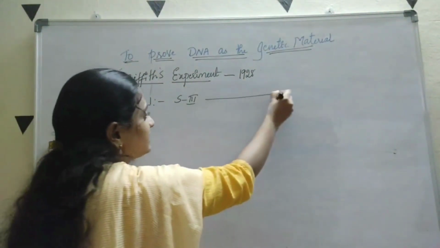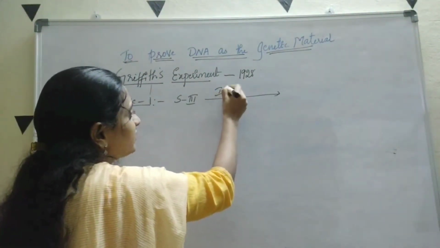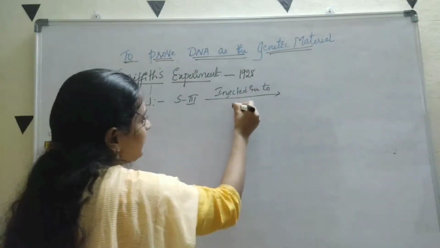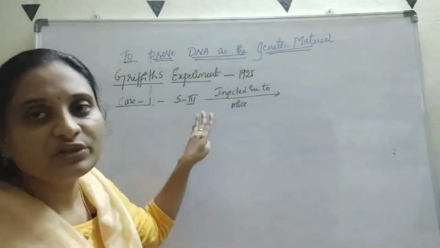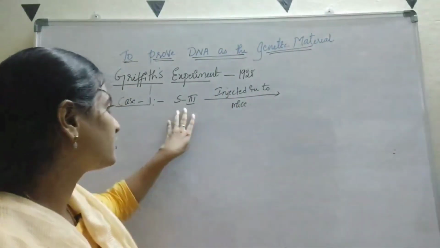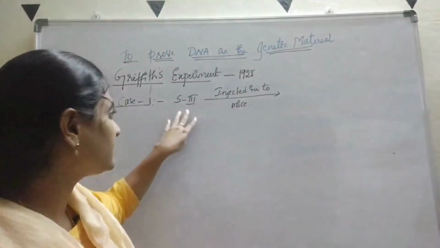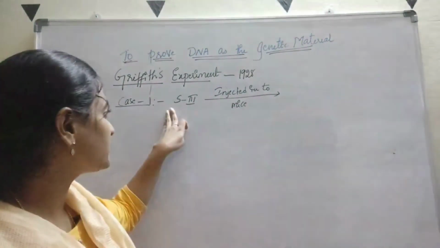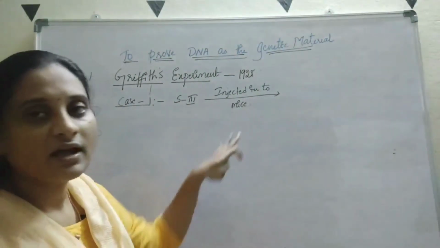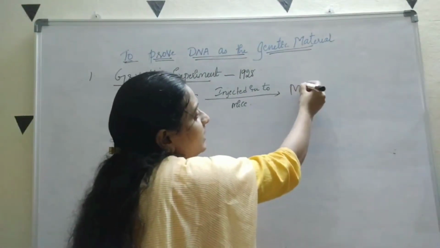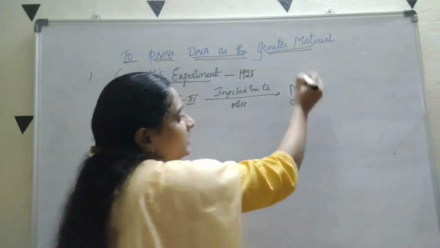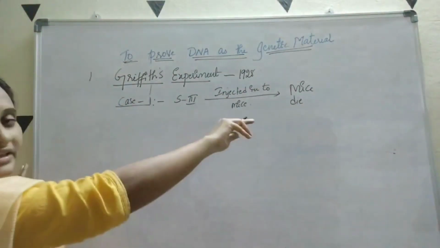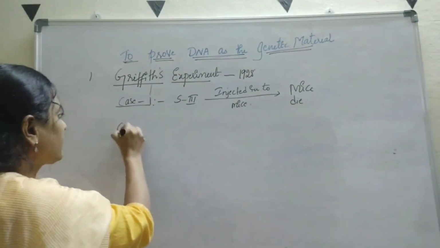When he injected the smooth strain into mice, we can expect the result: it has the ability to cause pneumonia in mice. So when smooth strain 3 is injected into mice, definitely the mice will die. The mice died here, and the result is as per our expectations.